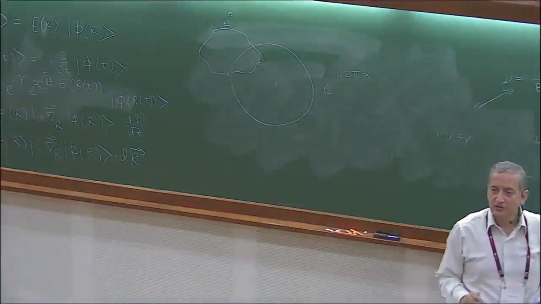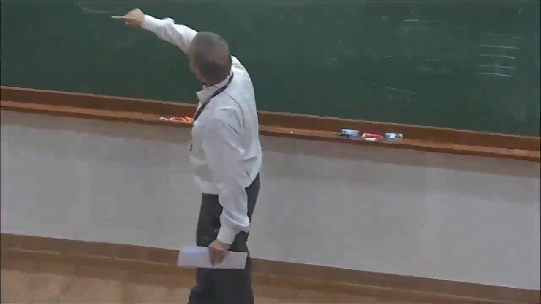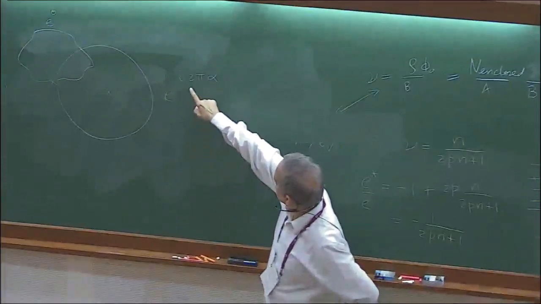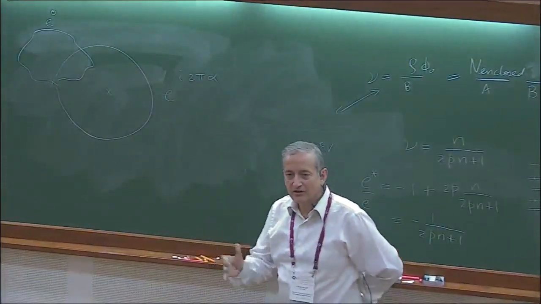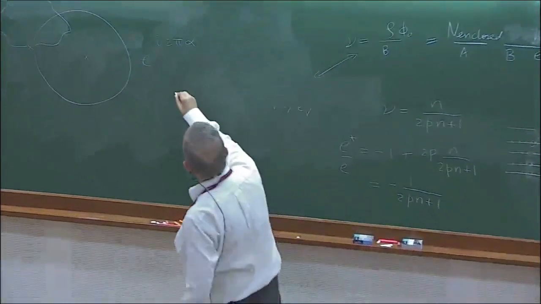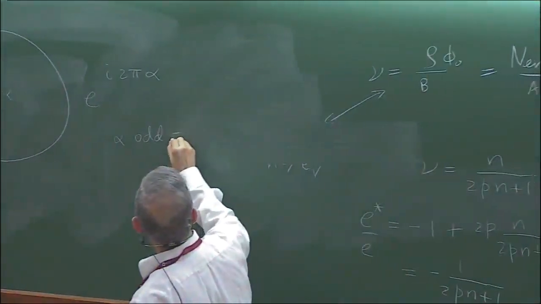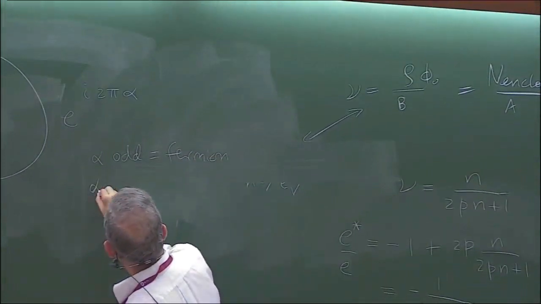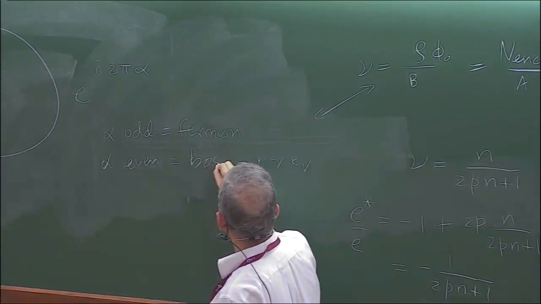So half a loop gives a phase of e to the power i pi alpha. So if alpha is an odd integer, that's -1, that's fermions. If alpha is an even integer, then I have bosons. And if alpha takes some arbitrary value, then these are called particles with fractional statistics or anyons.